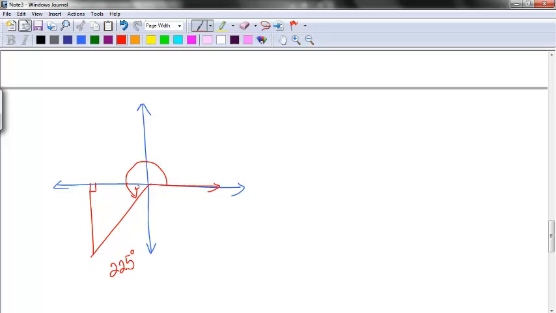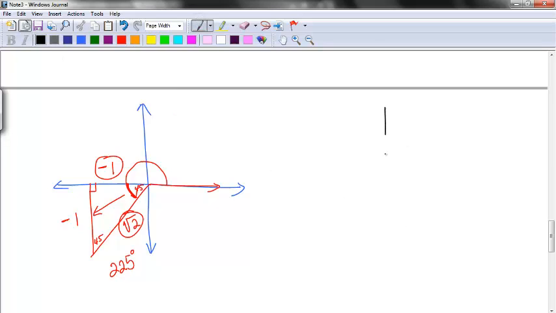So that makes this a 45, 45, 90. Standard labels are 1, 1, radical 2, but we're going to the left. To the left is negative, down's negative. The hypotenuse is always positive. So in this case, the opposite would be negative 1. The adjacent would be negative 1. And then the hypotenuse would be radical 2.